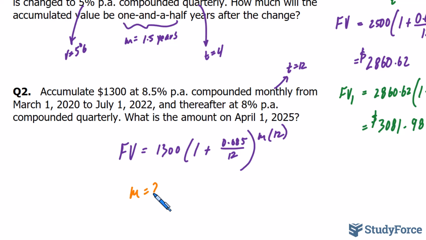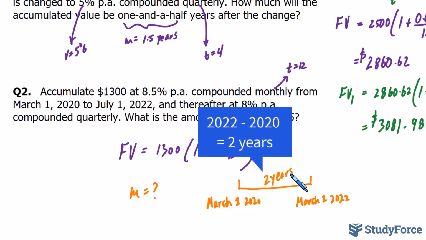To find m, you can create a quick timeline. So we have March 1st, 2020, and that extends to, let's say, March 1st, 2022, which is a few months before July. And the duration between these two dates is 2 years. Simply subtract 2020 from 2022 and you get 2 years.